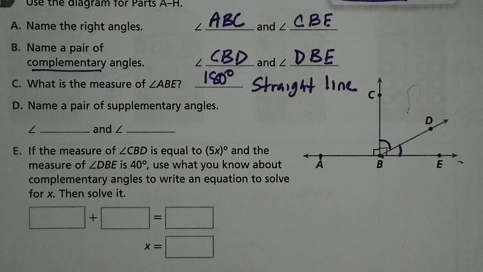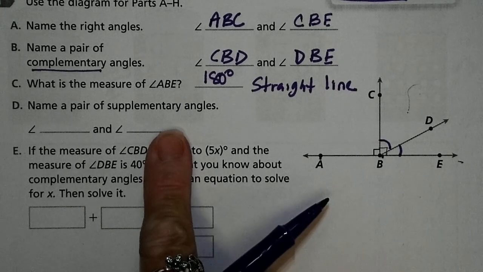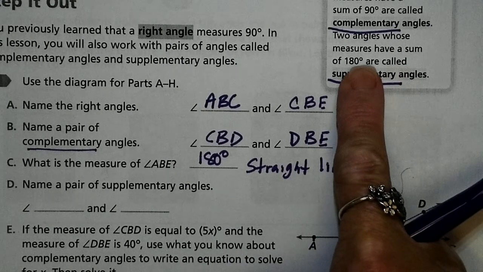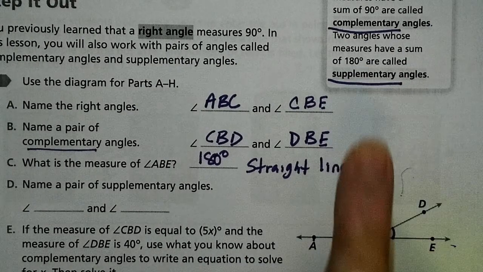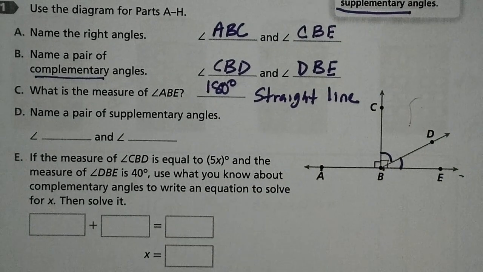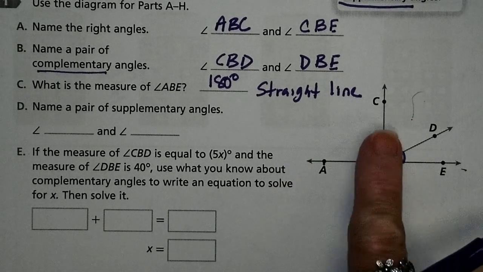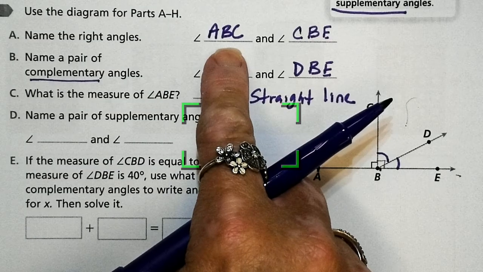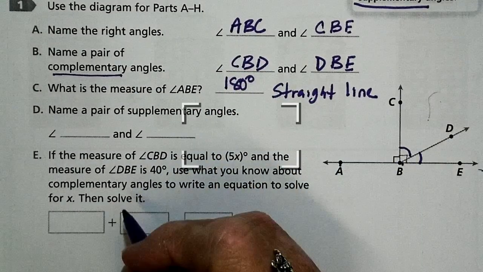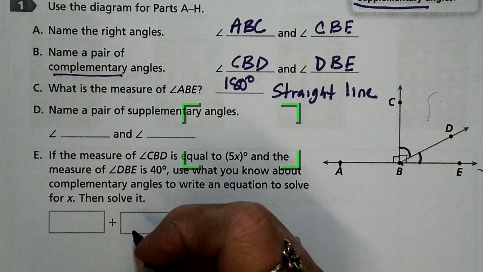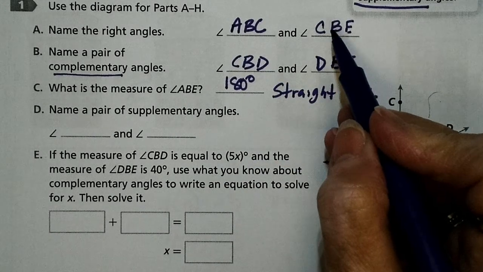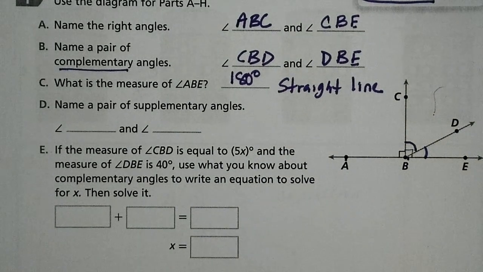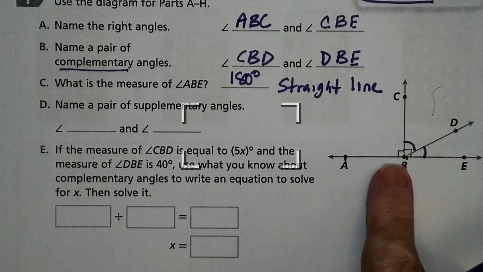All right, so a pair of supplementary angles, remember supplementary is 180, so that should be easy, right? We know that ABC has to be 90 because it's a right angle. And then my other one could be CBE, right? CBE.